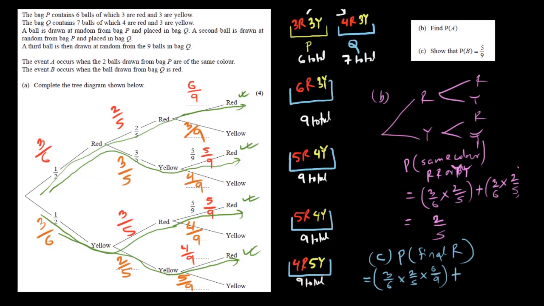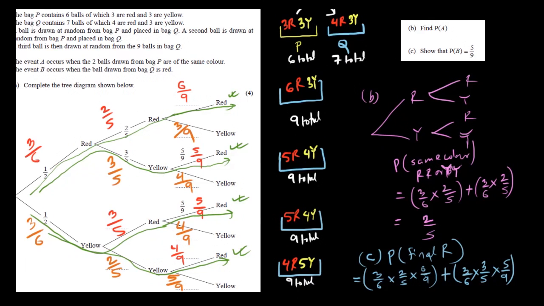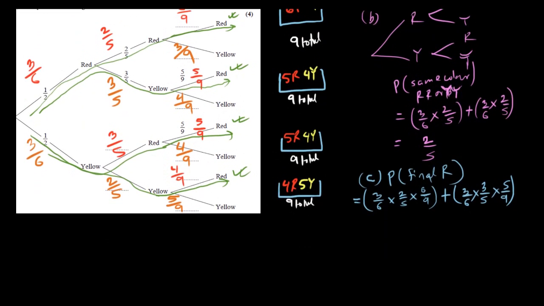Or the next permutation is red, yellow, red. So red is 3 by 6. Yellow is 3 by 5. And again, red is 5 by 9. So that is the next one. After that, we have yellow, red, red.